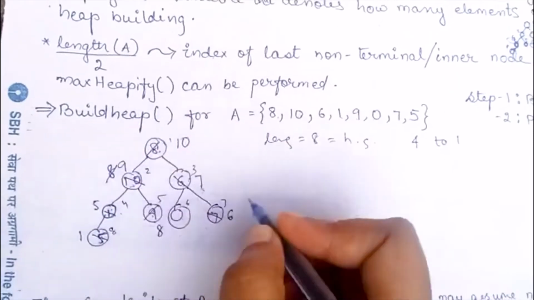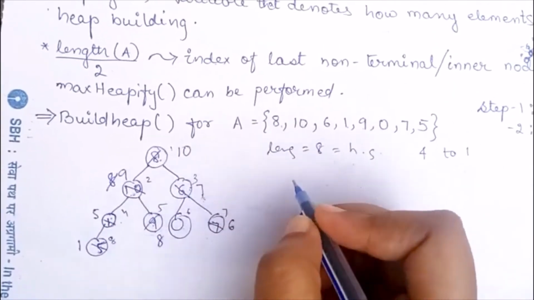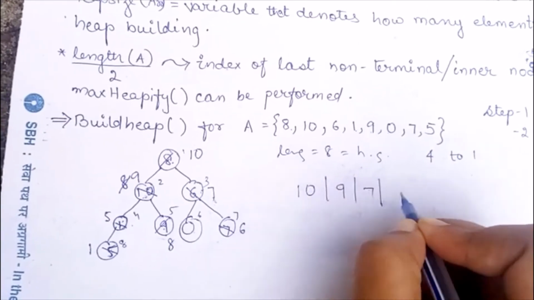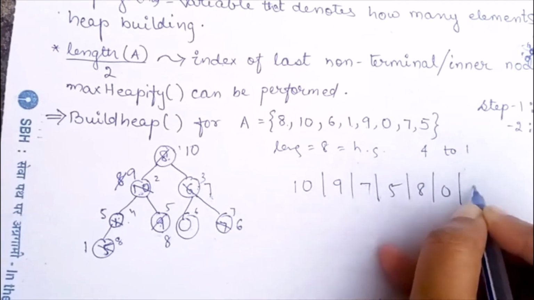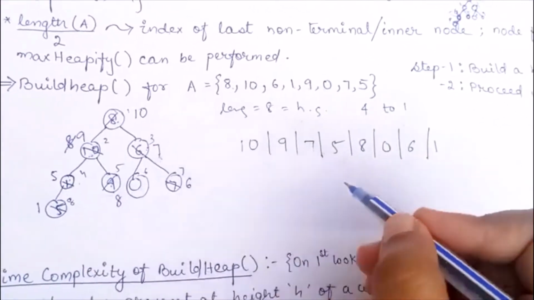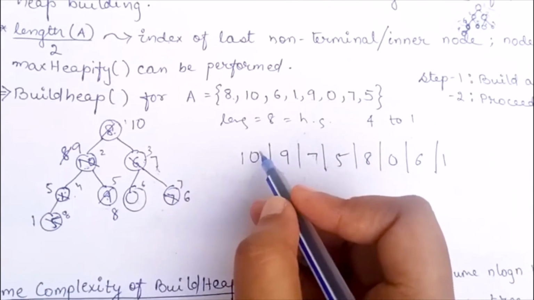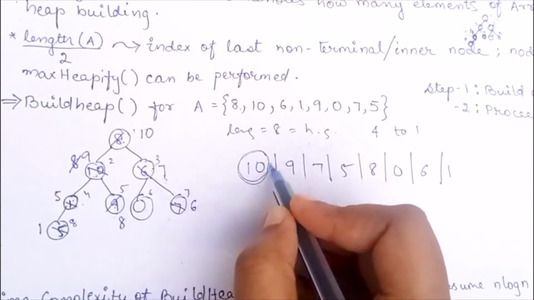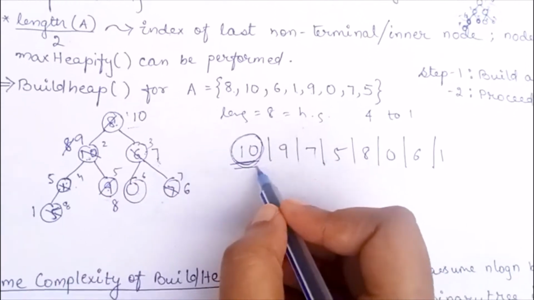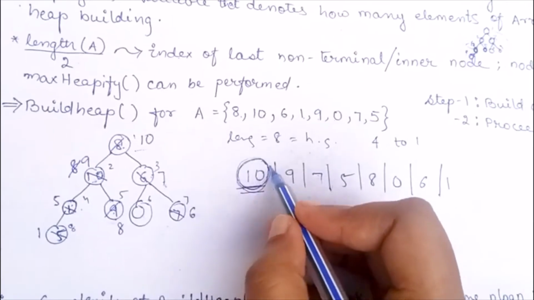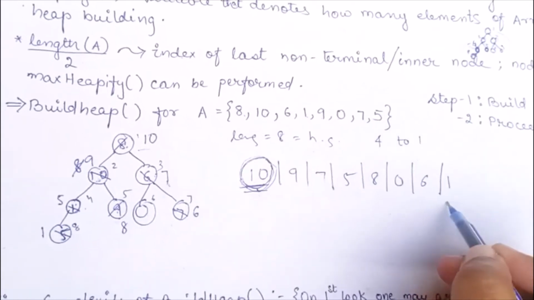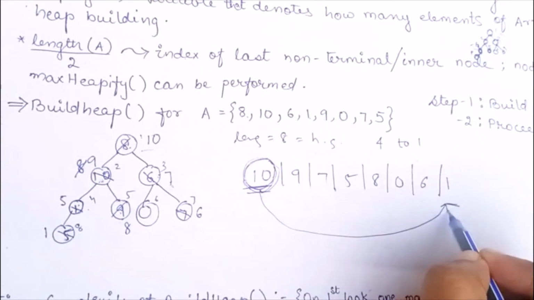So after doing this build heap, I am getting the array as 10, 9, 7, 5, 8, 0, 6, 1. After doing only build heap, we will not get the sorted array. We will get only the largest element as the root node or the first index. We know this is the largest element and its place is at the last, therefore we have to swap it.